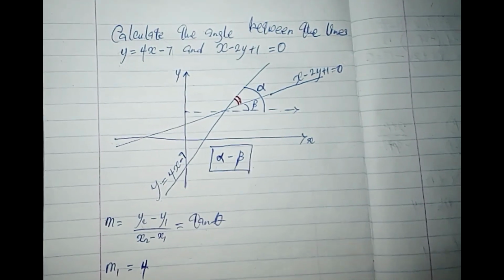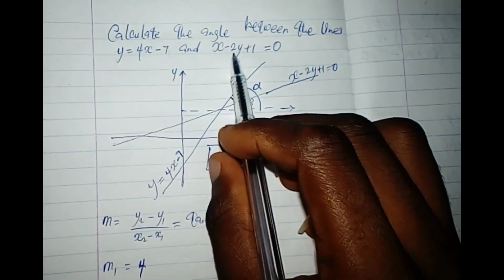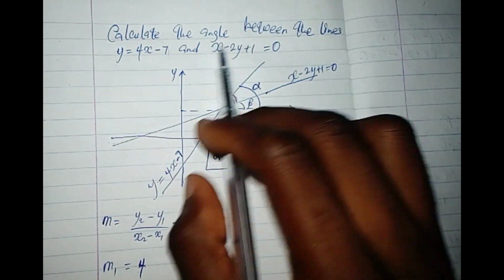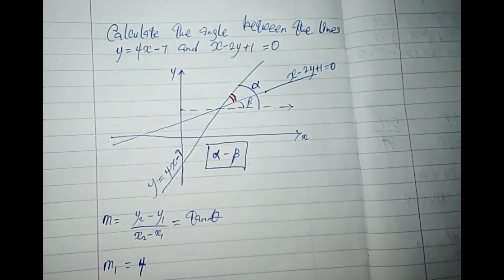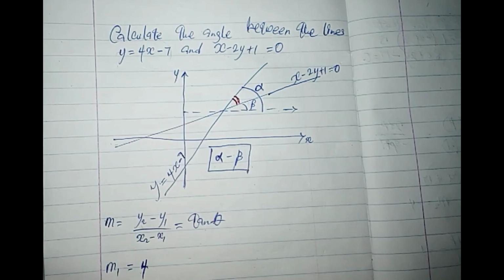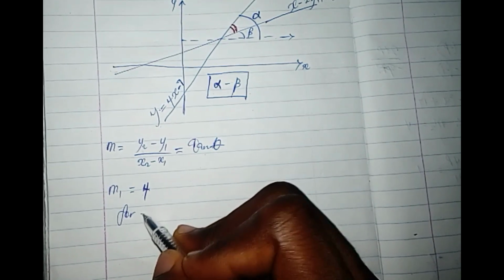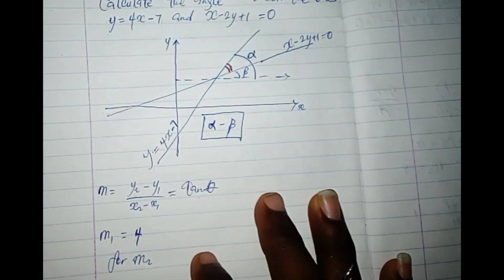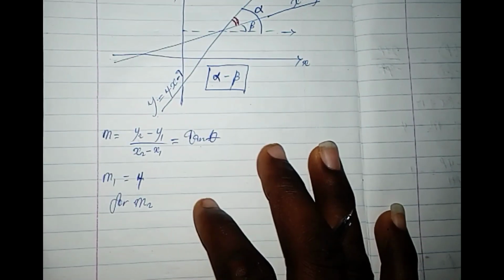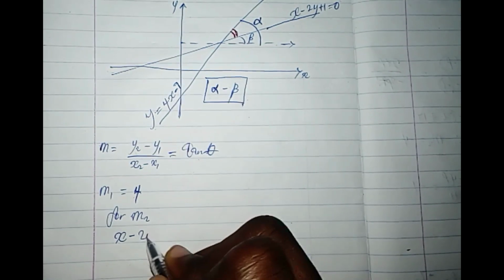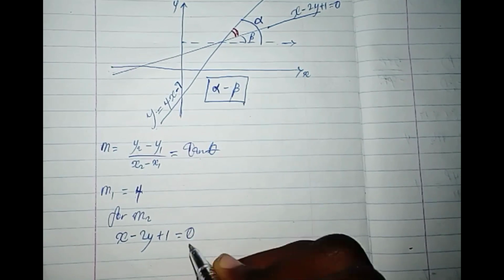So m1 is equal to 4, but m2 cannot be said to be 1 because we need to rearrange it in the form of the general line equation. So for m2, we have x minus 2y plus 1 equals 0.